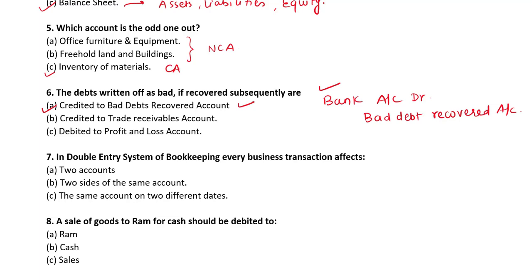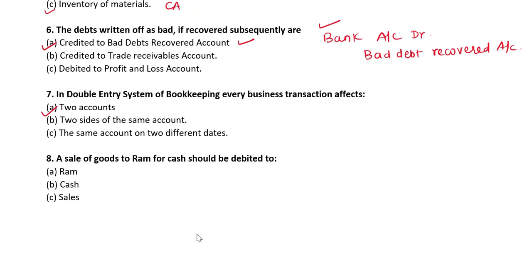Okay. Let's see question number 7. In the double entry system of bookkeeping, every business transaction affects what? Two accounts. In the beginning of the class, we had discussed debit side, credit side, one account, another account. And at last, question number 8.